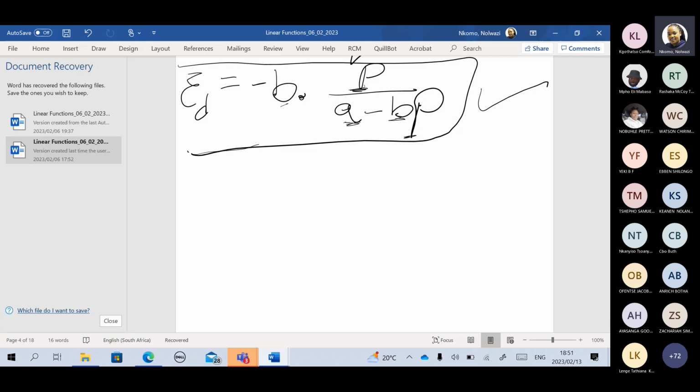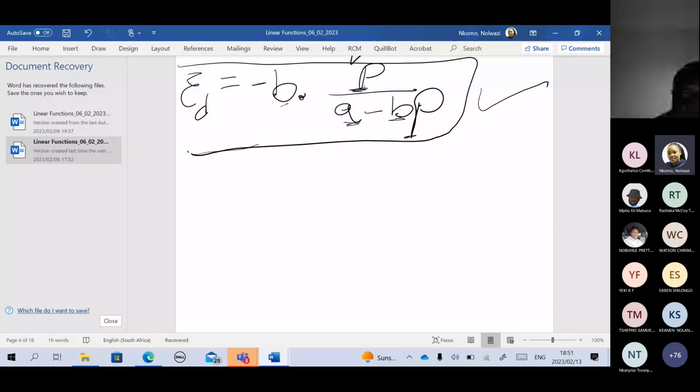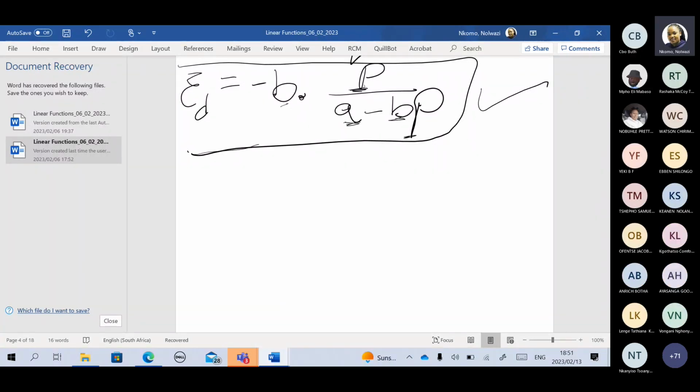And as for the interval, you'll be given a certain region. Let's say they ask you to find the price elasticity where the price of your phones increases from 5,000 to 10,000. What will happen in between the two? What would be the relation between the price and demand?